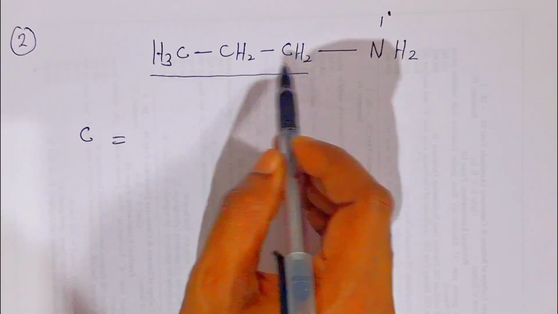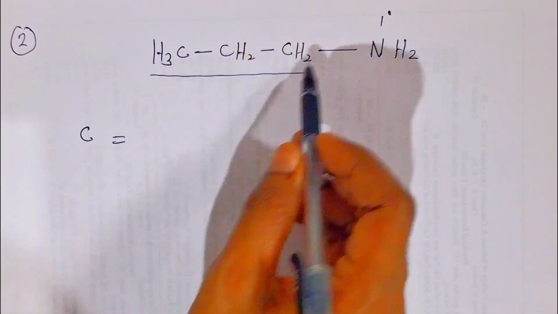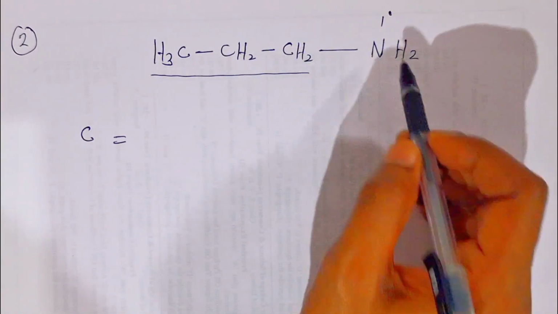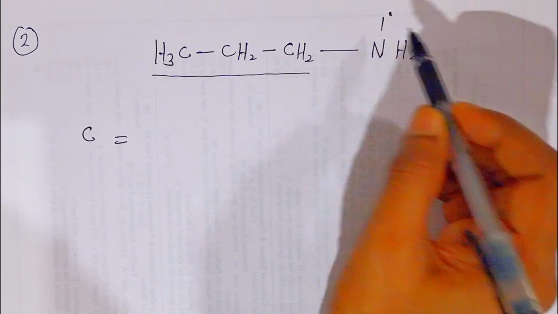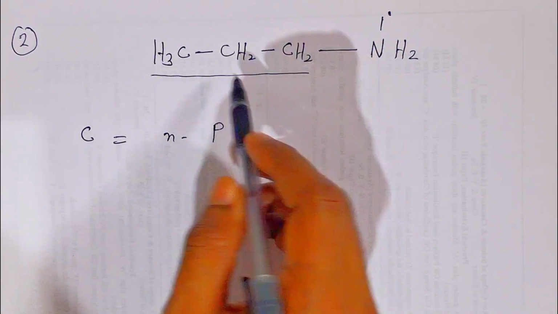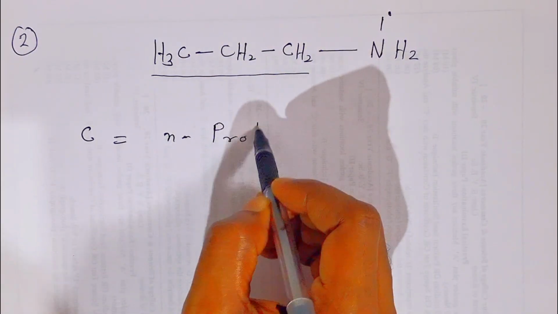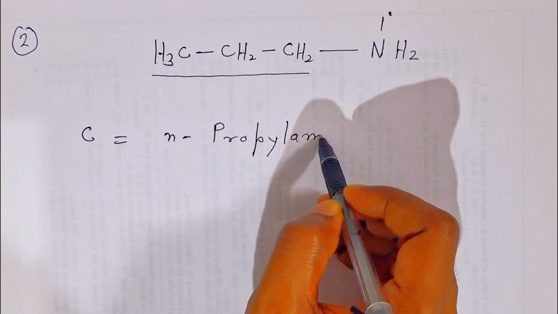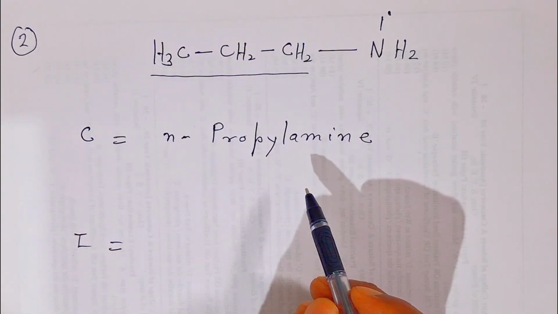This is normal propyl, nothing but normal propyl attached to the nitrogen of this ammonia, so this is a first degree nitrogen. So the name of this compound will be N-propyl. This is the propyl but it is normal propyl, we call it N-propyl amine.